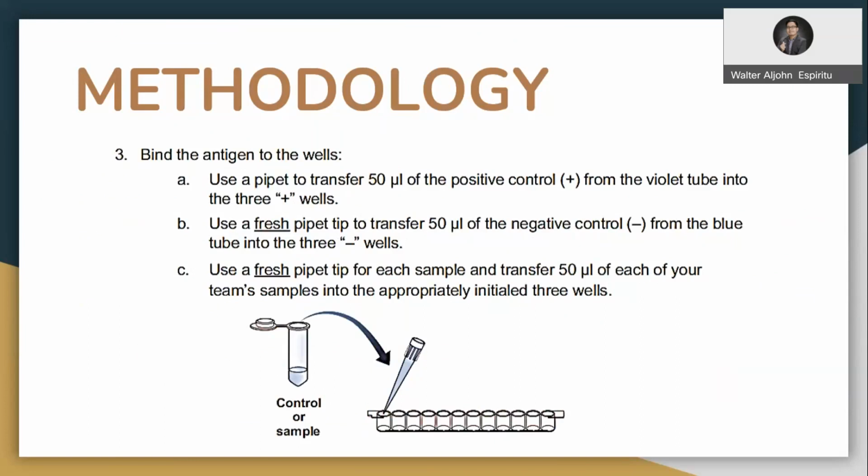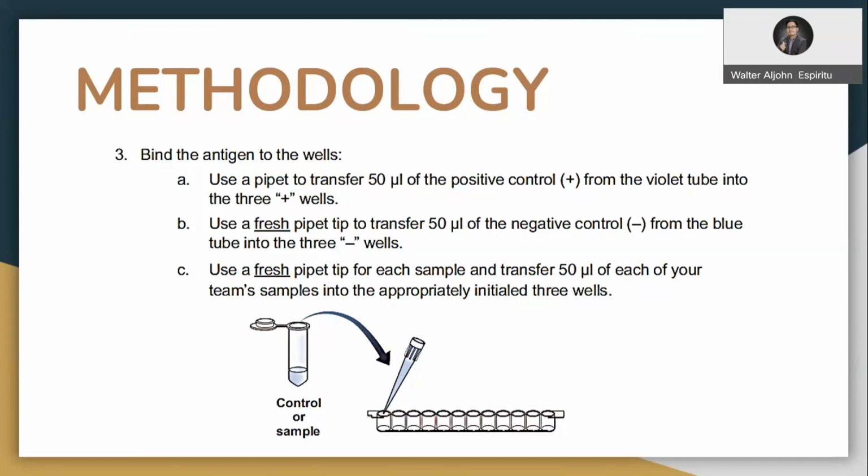As much as possible, do not over push the pipettor in getting or dispensing the control. After each transfer, for example when you're done with the positive control, use a fresh tip to transfer the negative control. As much as possible, if you're changing samples or controls, use a new tip.